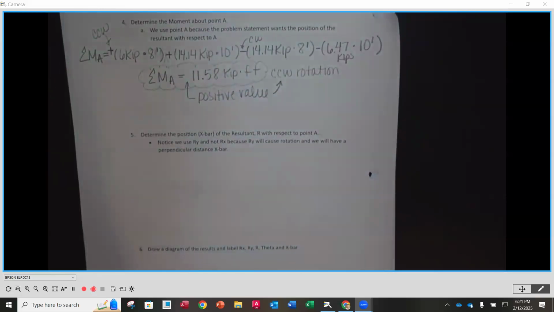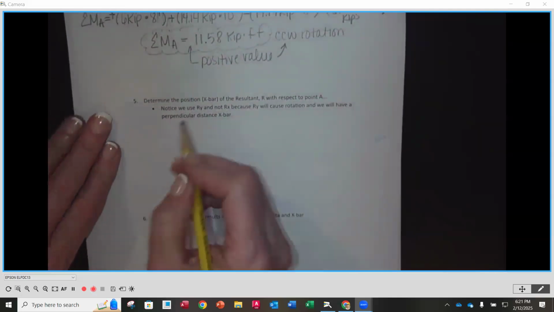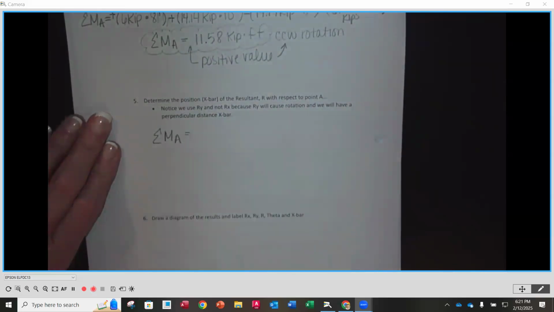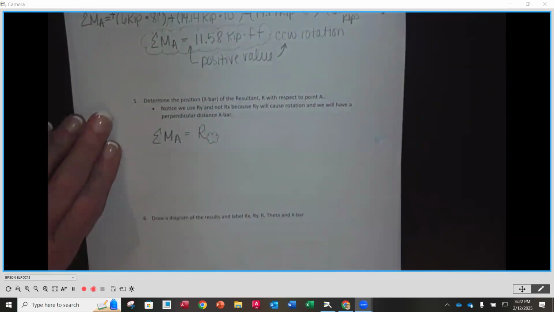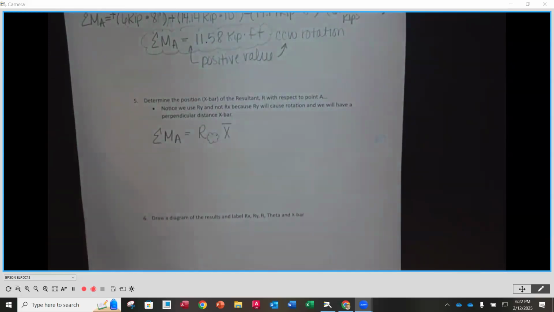So to do that, we are going to use our equation that we had from last time. We know that we can sum our moments around a point, and that's going to be equal to, now, the resultant times, in our case, our distance. So it's going to be force times distance.